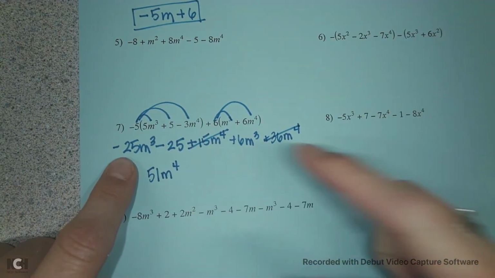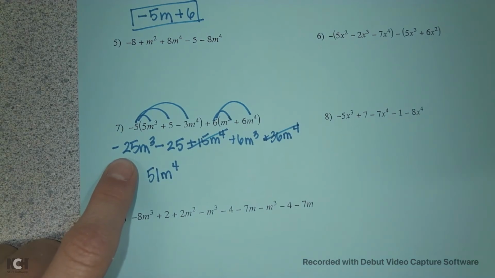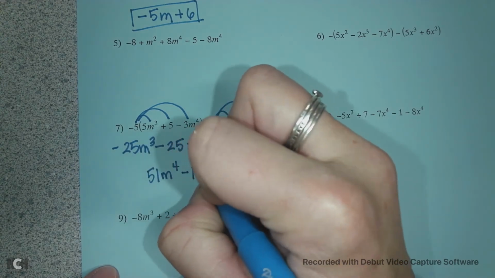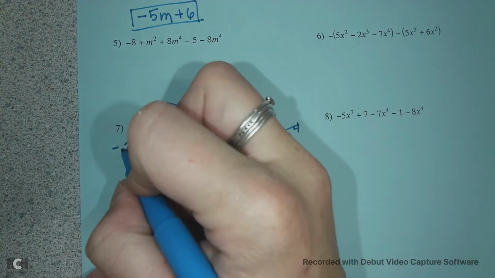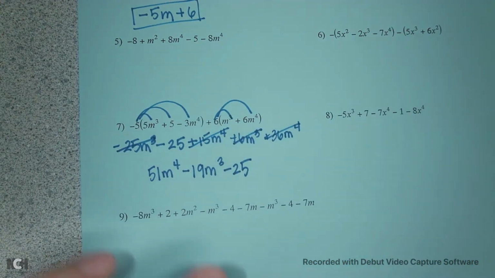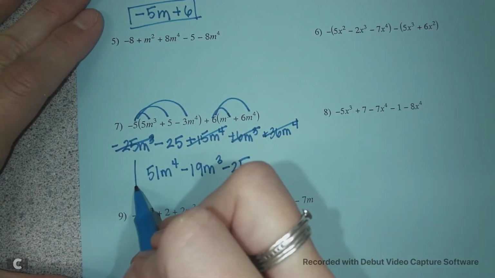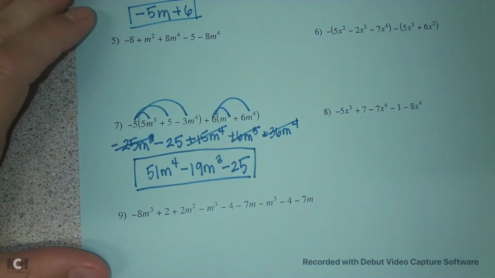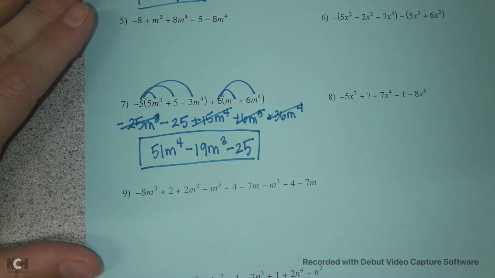And then I have negative 25m cubed and a positive 6m cubed, and that gives me negative 19m cubed. And so I've used that guy, and I used that guy, so the only thing left over is negative 25. Again, this is descending order because my highest exponent is first, leaving my numbers without letters at the end. So this is the process.